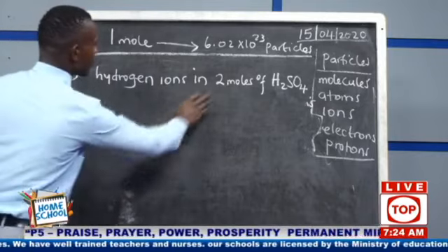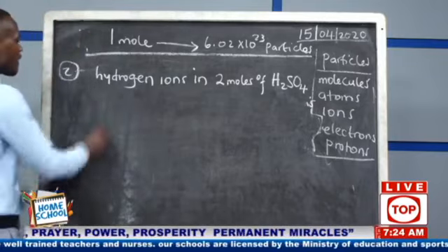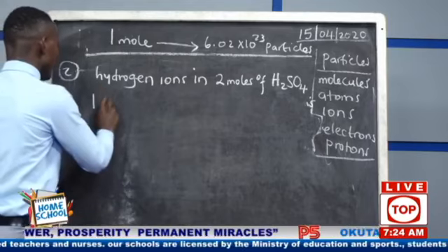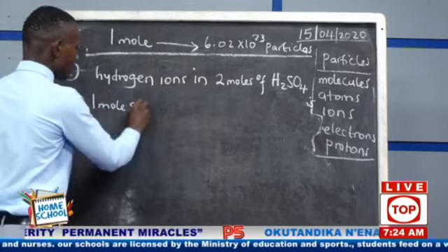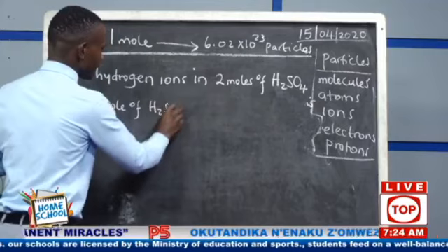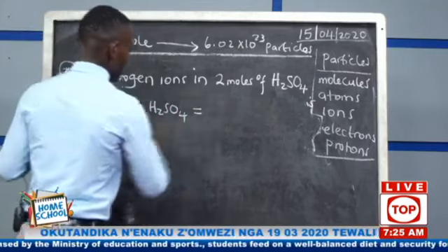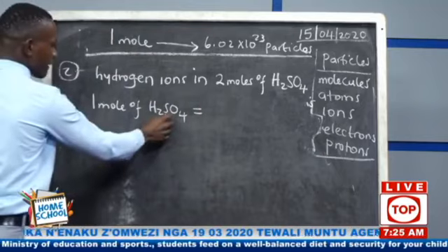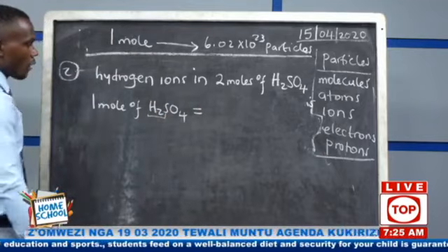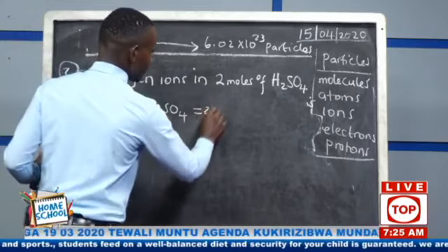So before we do all things, we first look at what is contained in 1 mole of sulfuric acid. How many hydrogen ions are there? Okay, you can see here that we have 2 hydrogen ions.